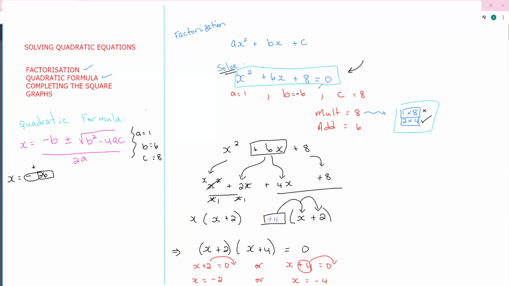But that's only if b was negative. But in this case, b is not negative, so it will just be negative 6. Plus or minus the square root of b squared, b is 6. Remember, it's positive.